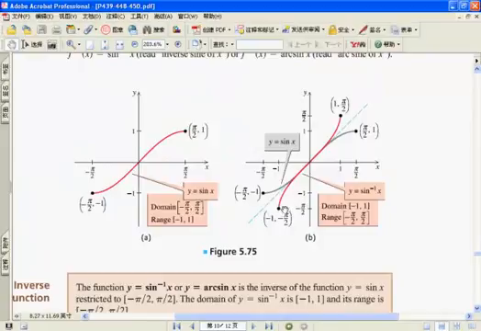The range of the inverse sine function is from -half pi to half pi. But for the cosine, the range of the inverse cosine function is from 0 to pi. So this is a big difference.